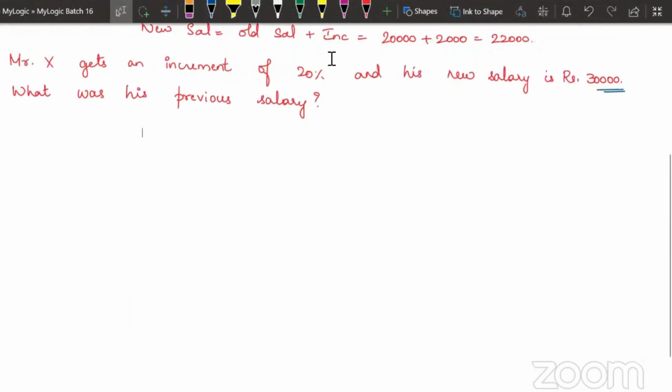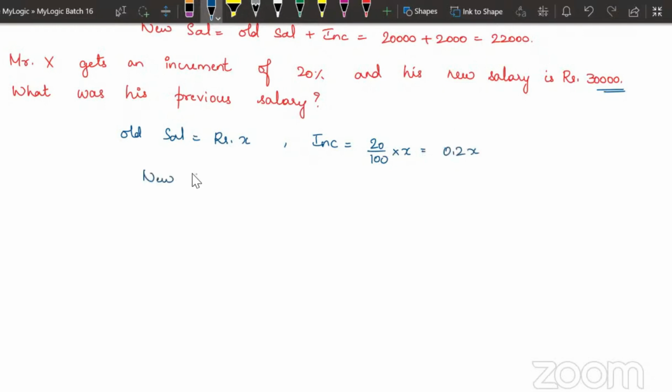So here we solve it by considering the old salary as x rupees. Increment is given on this, which is 20% of x, which gives you 0.2x. Now, what is the new salary?